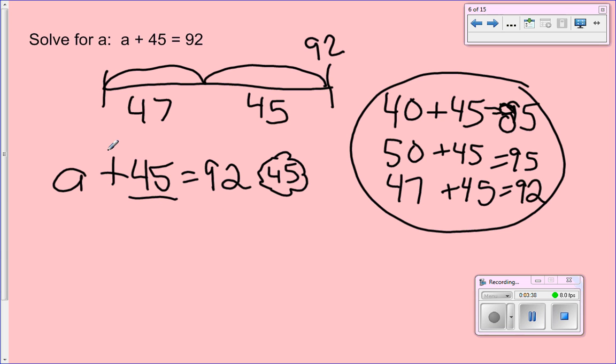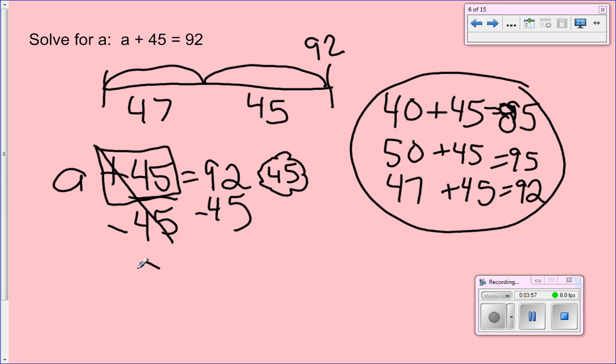And so what we do is we take a look at what are we doing to A over here? Well, we're adding 45 to it. And so if I want to get rid of that over here, I'm going to subtract 45. And I have to do the same thing over here. And when I subtract 45 over here, I cancel those out and I'm left with A. And over here, I just have to perform the subtraction.